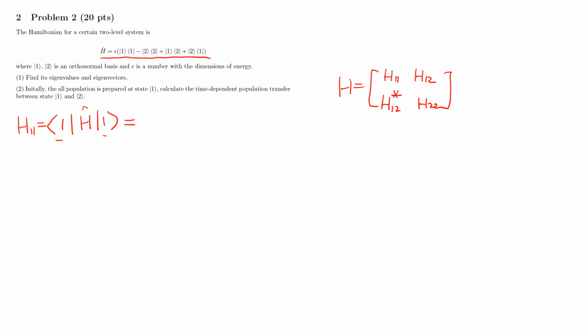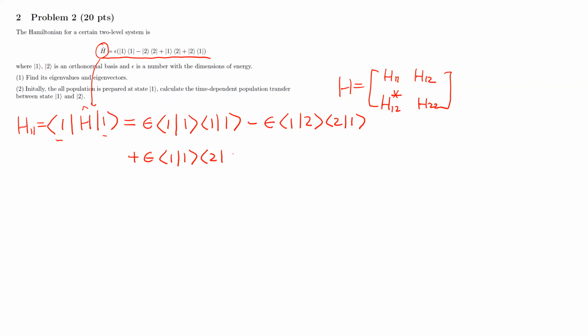Okay, let's put these Hamiltonian operators in here. We find that we have epsilon, bra 1 ket 1 as the first term. The second term is still epsilon, bra 1 ket 2 times bra 2 ket 1. The third term is bra 1 ket 1 times bra 2 ket 1. The last term is epsilon, bra 1 ket 2 times bra 1 ket 1. Next, we need to use the orthonormal properties.